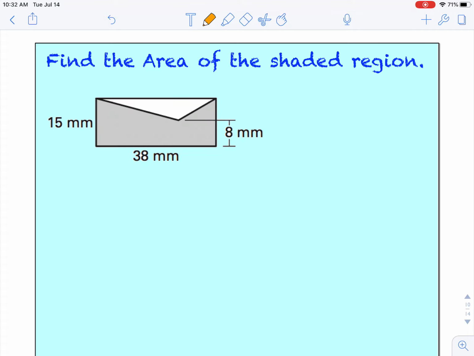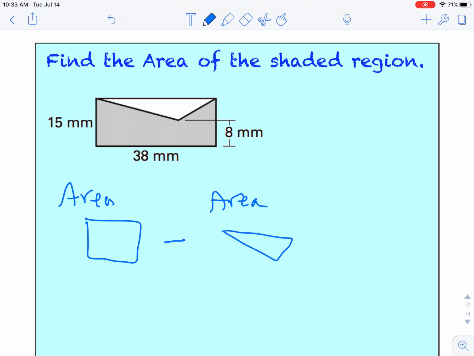Okay, so now we have find the area of this shaded region, and take a look at that list right here and see if you can set this up. See if you can figure out what we're going to be finding the areas of. How are we going to find it? What you're going to have to do is you're going to find the area of the rectangle, but this time you're not going to add another area.